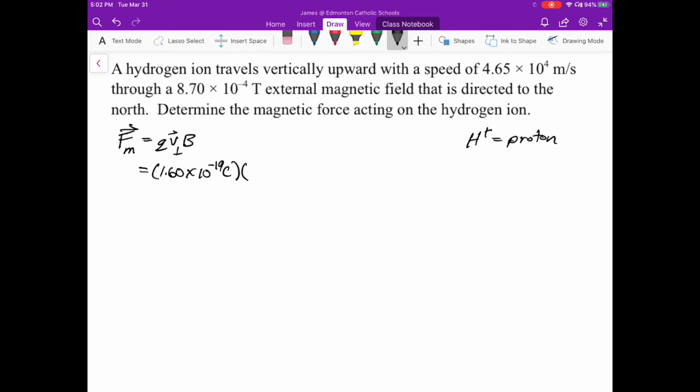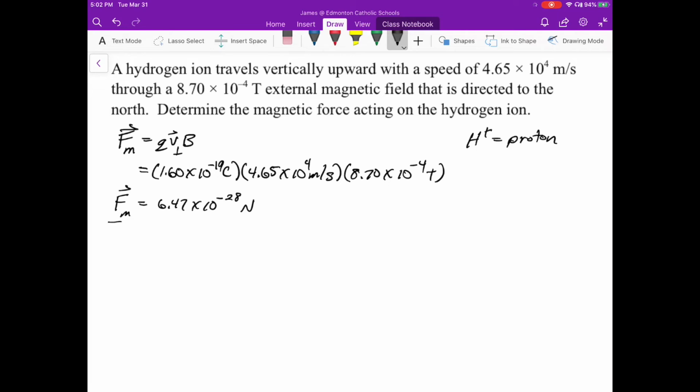It's going at a speed of 4.65 times 10 to the 4 meters per second, and the magnetic field strength is 8.70 times 10 to the negative 4 teslas. When you work that out, you get 6.47 times 10 to the negative 28 newtons.